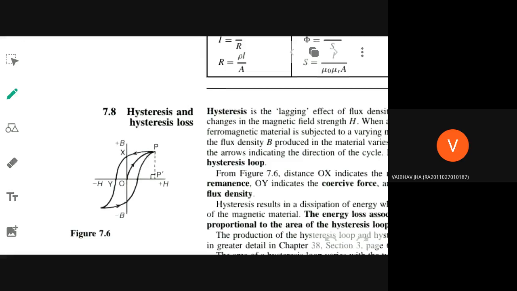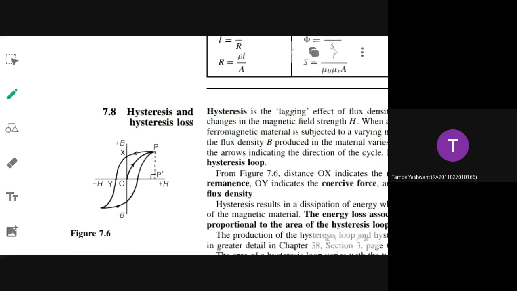Okay, then we'll proceed to the hysteresis curve. Ma'am, why will the BH curve vary for different materials? Depending upon mu r, it will vary, no? It will be taking one shape, but mostly the shape will always be the same.